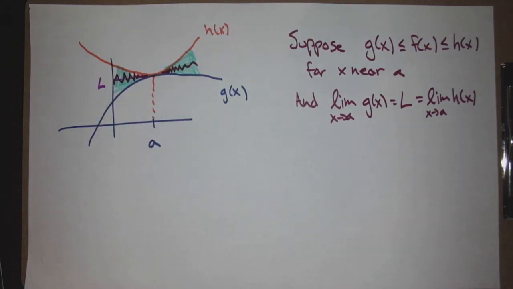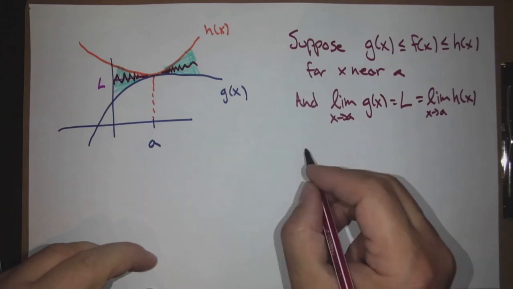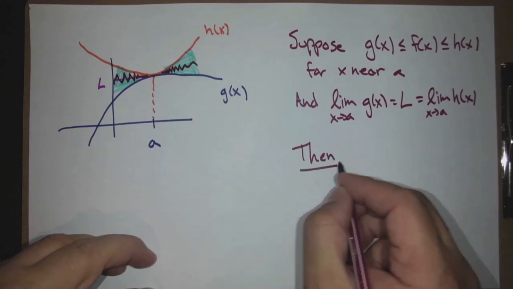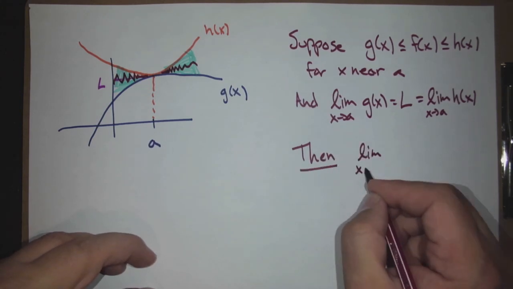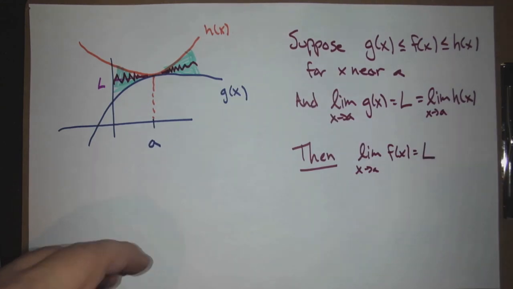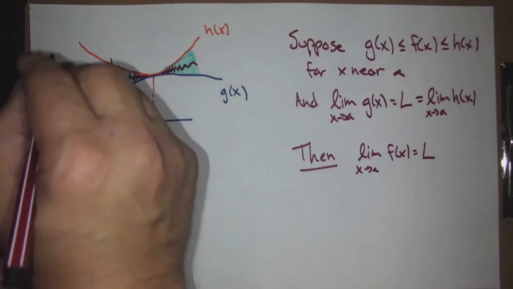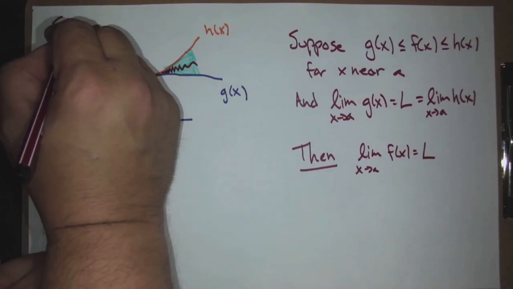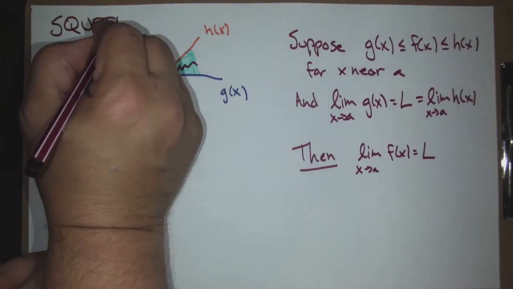What's true? Close to L. It's close to L. That's the conclusion. Then, the limit as x goes to a of f of x is L. So I am squeezing this function f between two functions. So this is what's known as the squeeze theorem.